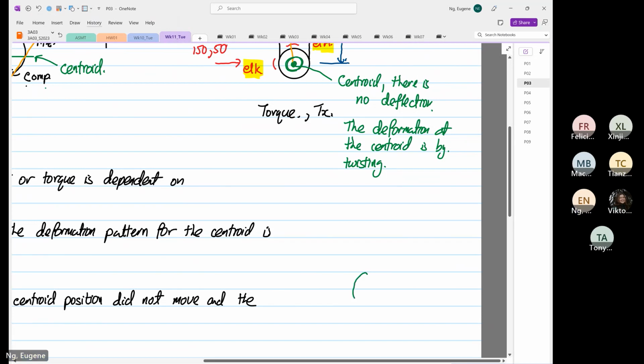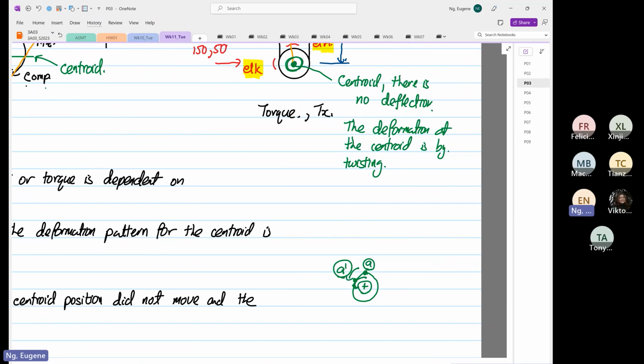So if this is our centroid, and this is our point A, because of the twisting, point A will move to what? A prime. The point A, this cross over here, did not move. It only rotates from A to A prime.